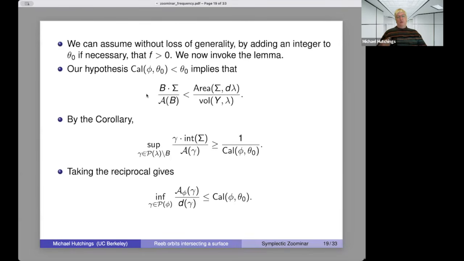So there have to be Reeb orbits intersecting the interior of the surface, which give rise to that lower bound. And those are exactly the periodic orbits of the map phi on the interior of the surface that I'm looking for in this theorem relating mean action to the Calabi invariant.